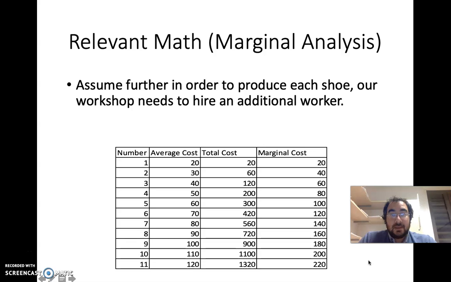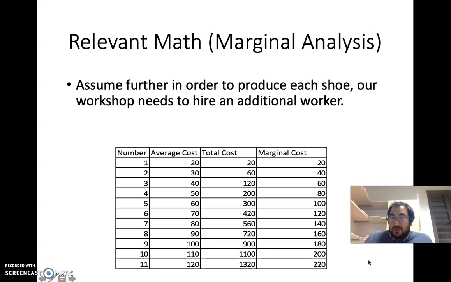We assume that the marginal productivity of the workers is the same. Actually, if marginal productivity of workers falls, for example to half when you increase the number of shoes produced from 5 to 6, you need to hire an additional worker.